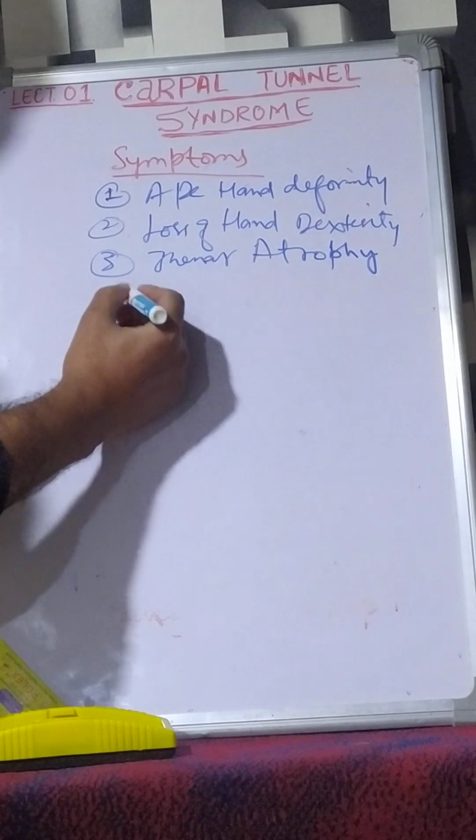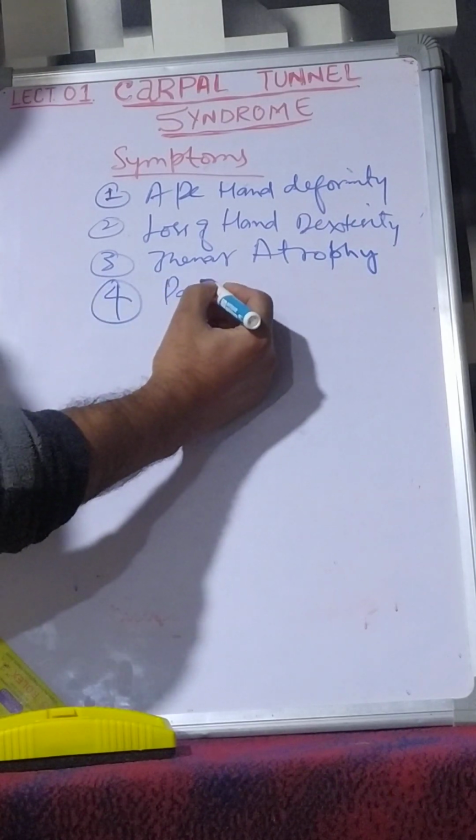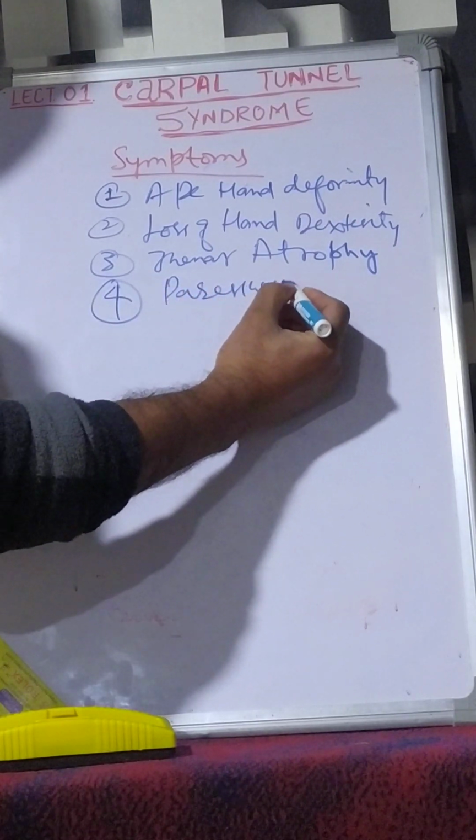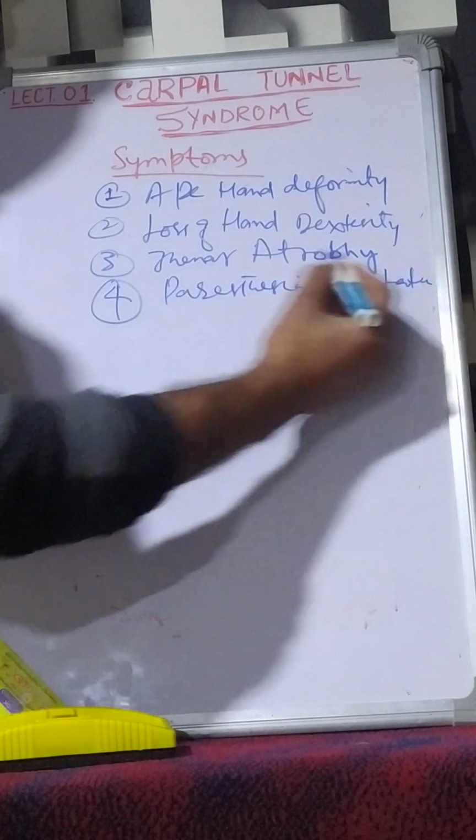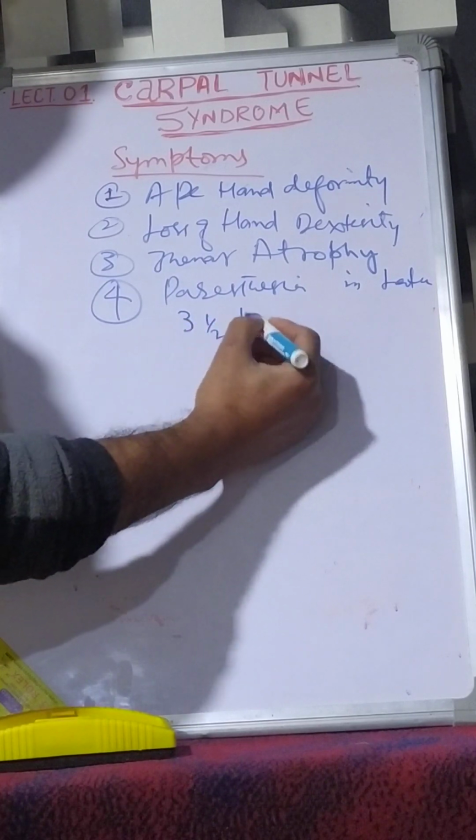Number 4, paresthesia in lateral 3½ fingers.